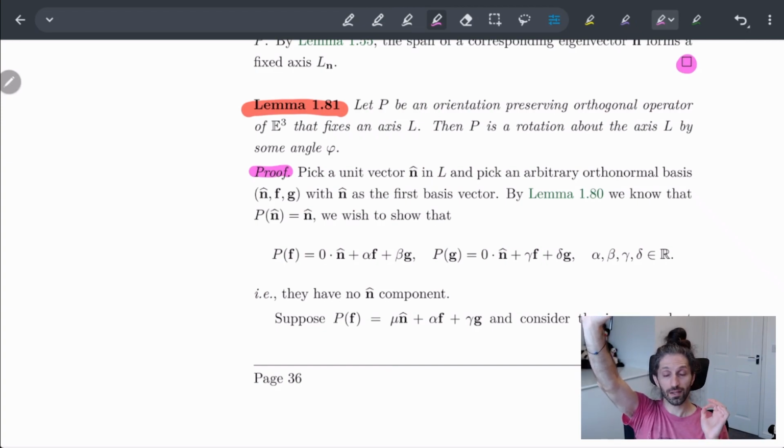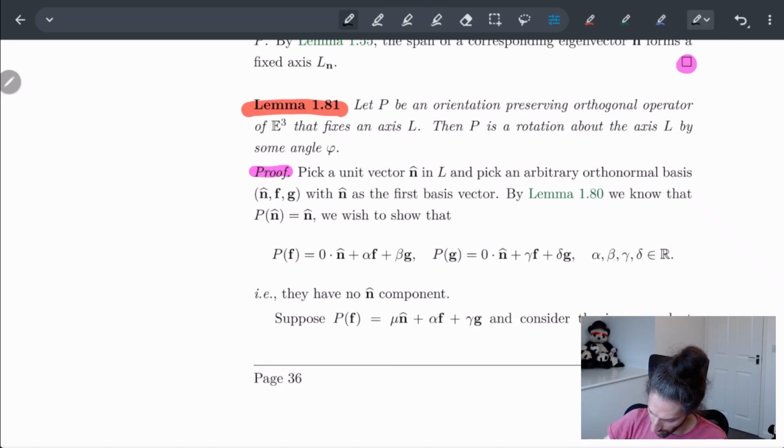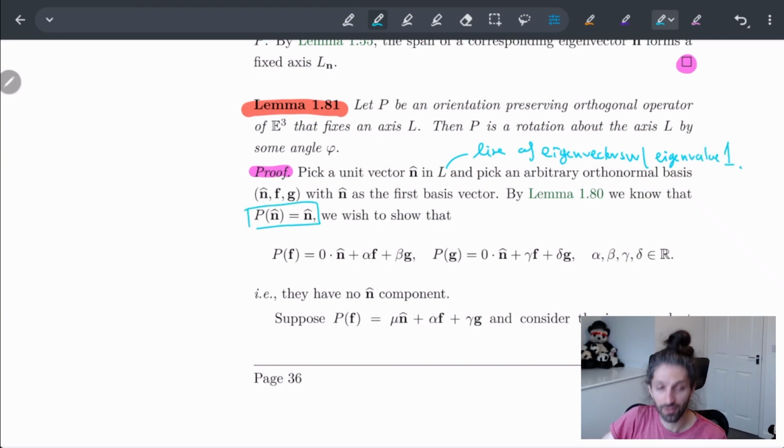Now, the previous lemma, since we have this line, right? We have this line of the eigenvectors. So this L is the line of eigenvectors. We know with eigenvalue 1, we know that P of n hat has to equal n hat.